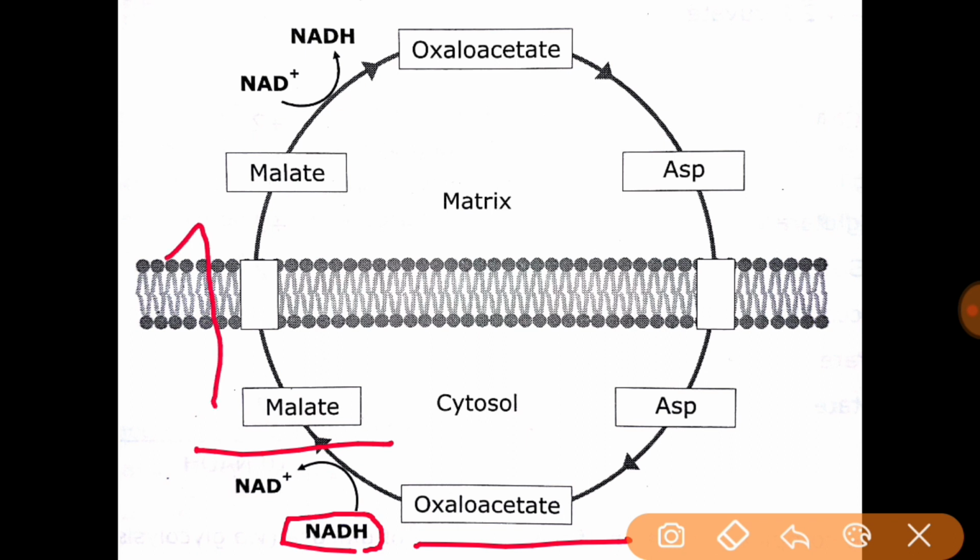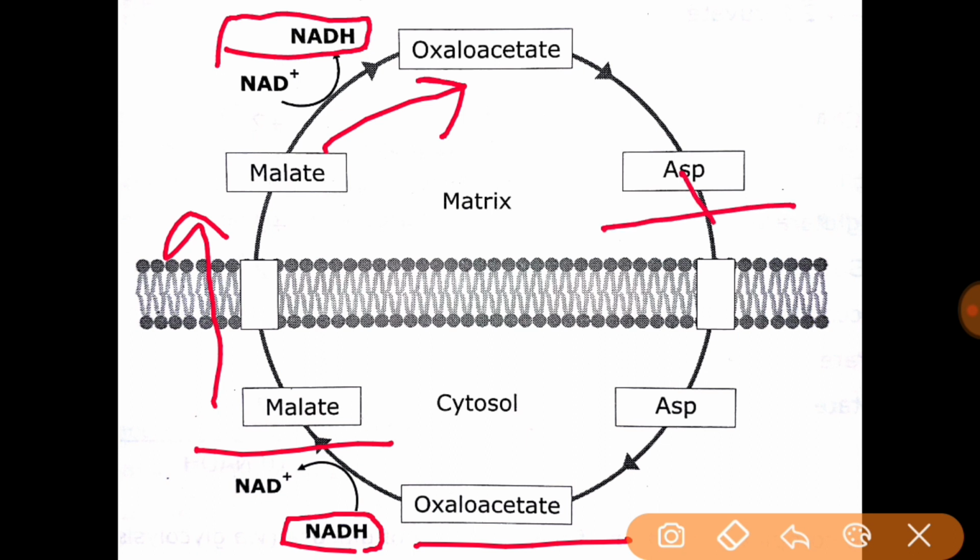That malate crosses the mitochondrial membrane. After that, the malate again gets converted into oxaloacetate, and in this process there is generation of NADH. After that, the oxaloacetate converts into aspartate, and the aspartate crosses the membrane and again reaches the cytosol. That's why it is called the malate aspartate shuttle, because of the formation of malate and aspartate.